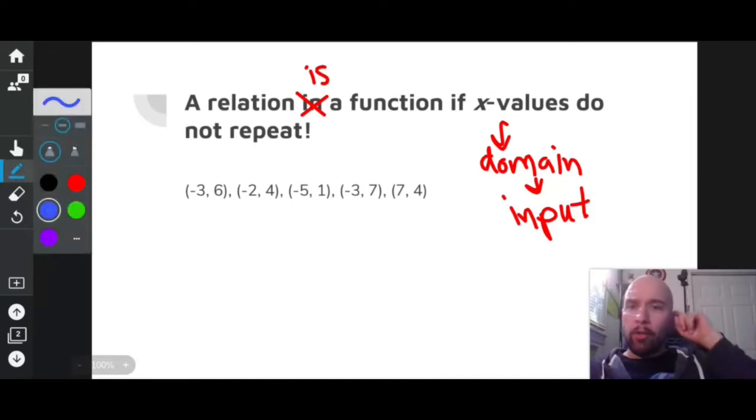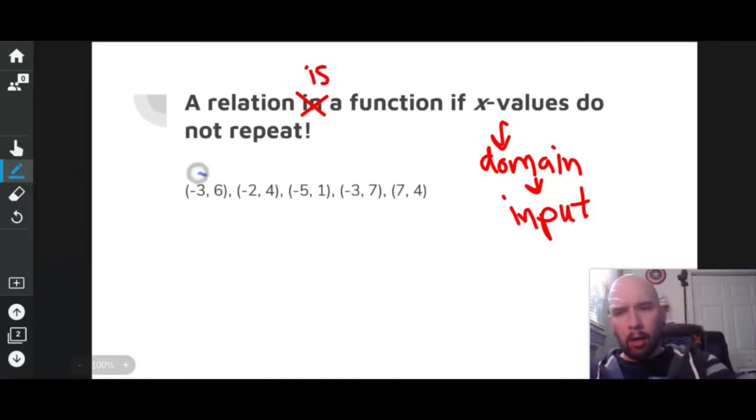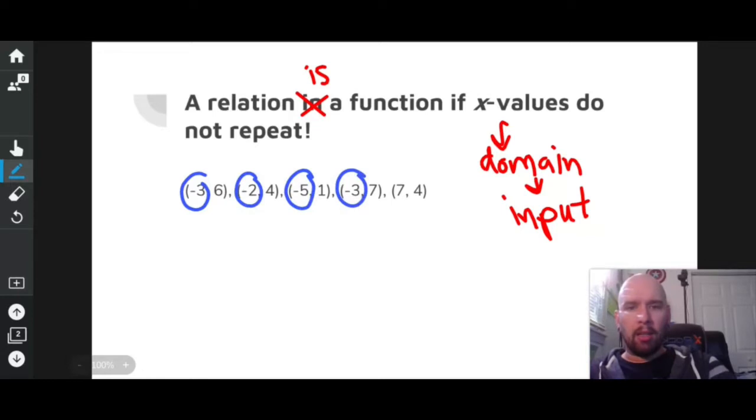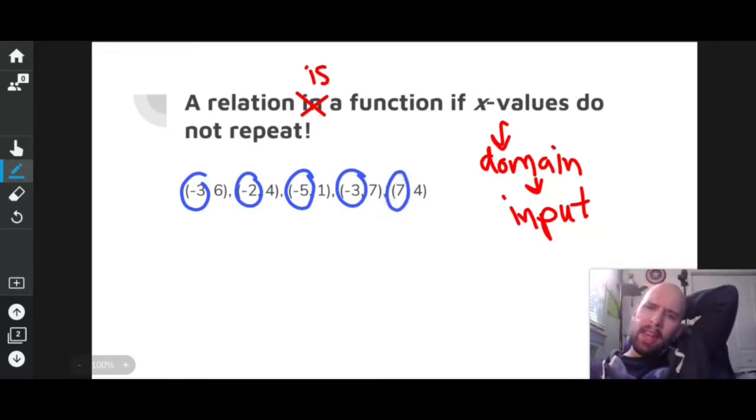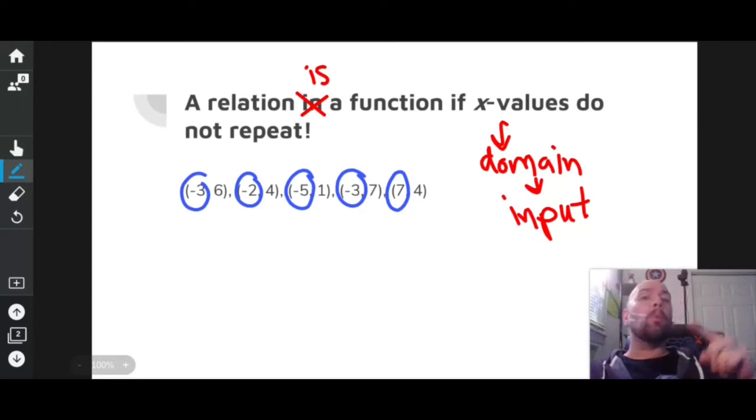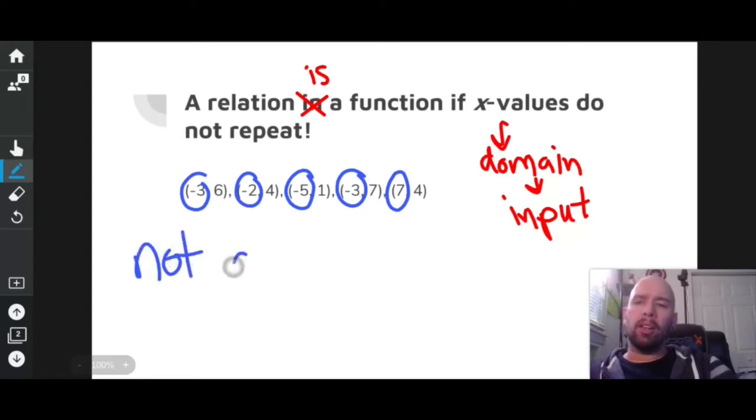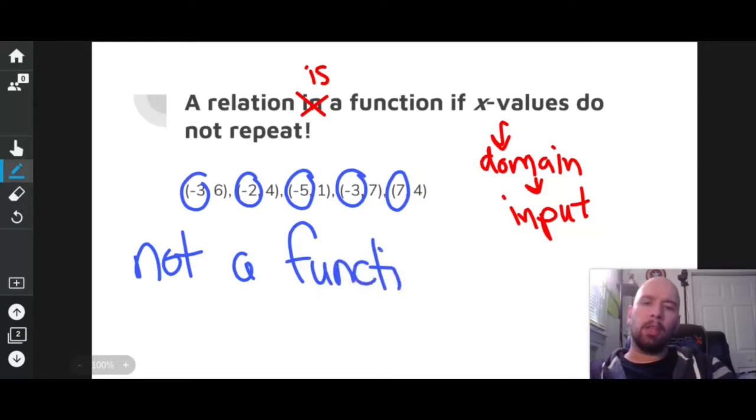So let's see what my x values are: -3, -2, -5, -3, and 7. You see how that -3 repeats as an x value? If an x value repeats or is used more than once, it is no longer a function. So this relation here is not a function because x values cannot be used twice.